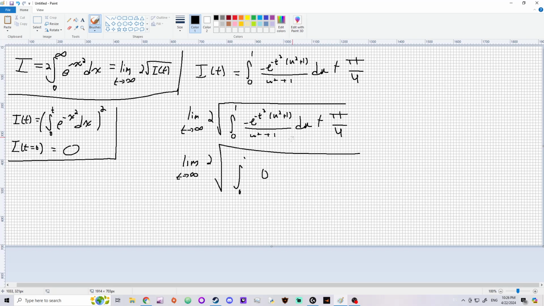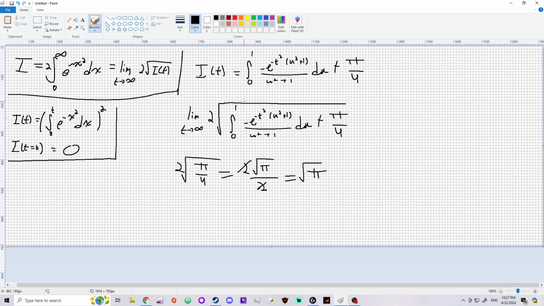It's just 0 on the top, and there's no integral anymore, so it's 0. So we get pi over 4. Pi over 4 times 2 is equal to 2 times the square root of pi over 2. The 2's cancel out, equal to the square root of pi.